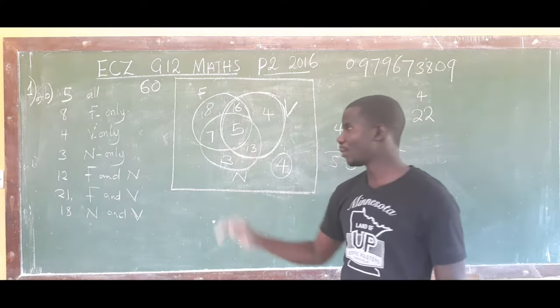What are we starting with? DE. So, DE is equal to DA plus AE.